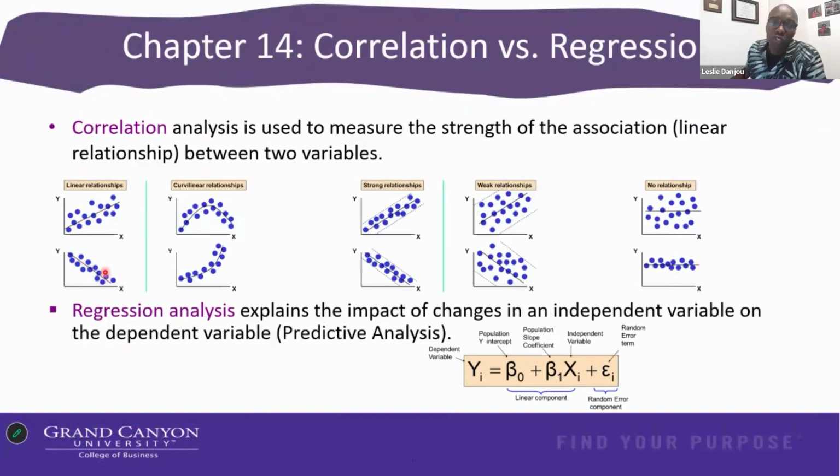So how do you know if it's a strong correlation or a weak correlation? If the dots in your scatter diagram are close to this central line right in the middle, you would say that it is a strong correlation. Strong positive if it's going upwards, strong negative if it's going downwards.